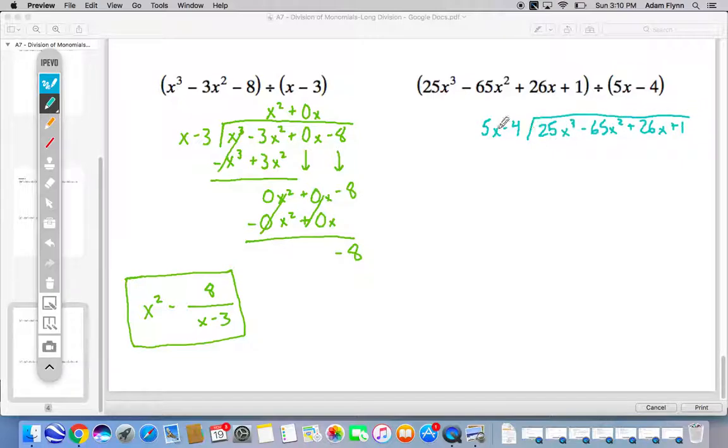So 25x cubed divided by 5x is 5x squared. So 5x times 5x squared is 25x cubed. Negative 4 times 5x squared is negative 20x squared. I'll flip my signs. 25x cubes cancel. I have negative 65x squared plus 20x squared, which is negative 45x squared. I can bring everything else down.